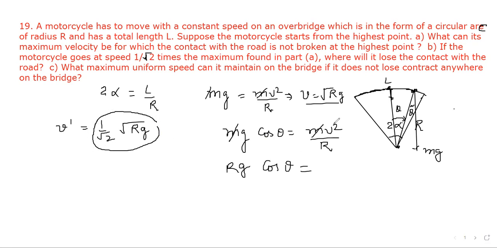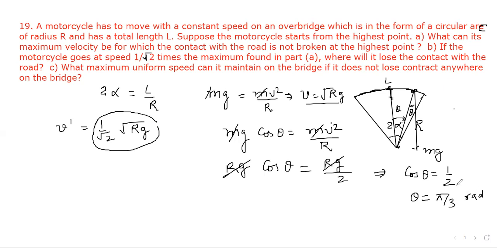So this should be v dash square, and v dash equals square root of rg divided by root 2. So if we square it, it will become rg divided by 2. Now rg will cancel out, and we will get cos theta equals 1 by 2, or theta equals pi by 3. This is in radian.